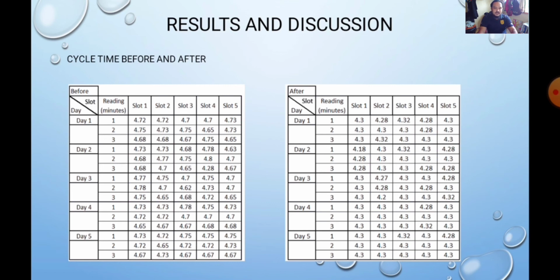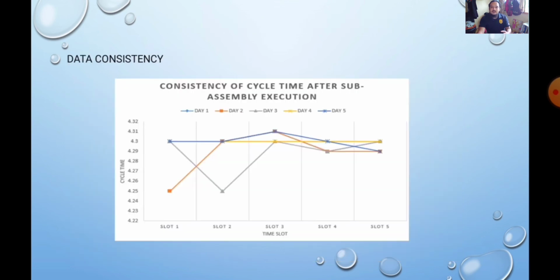Okay, next we go to the data consistency, which is a graph. The consistency of cycle time data was collected for the newly implemented facility layout at the assembly area that has been observed.